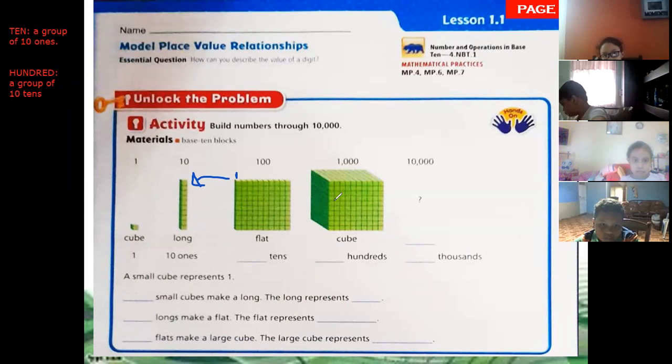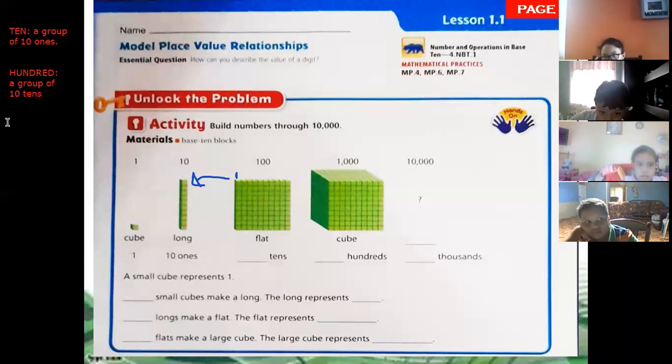That's what you have. So that's what it has. And the last one is the cube, which has 10.